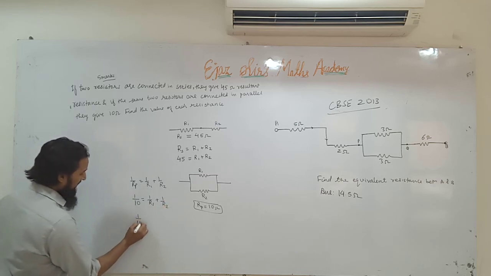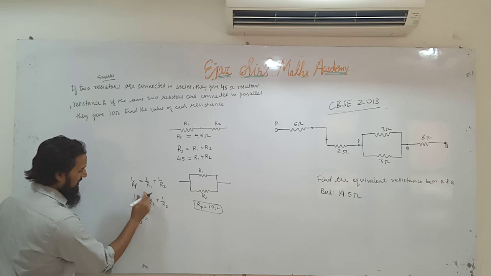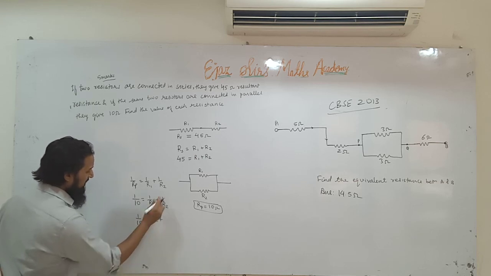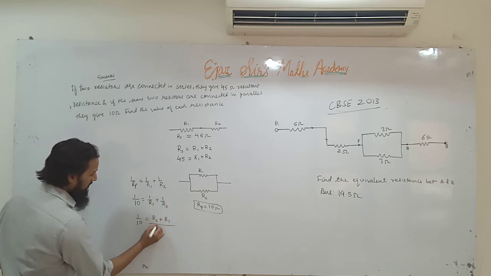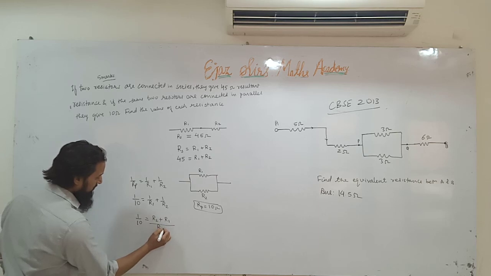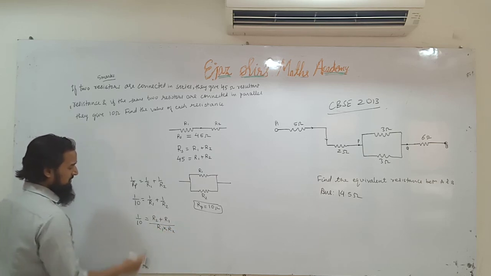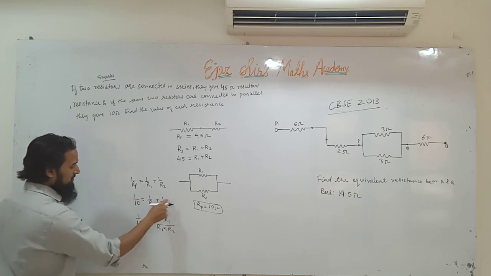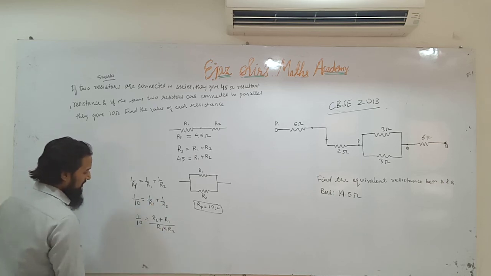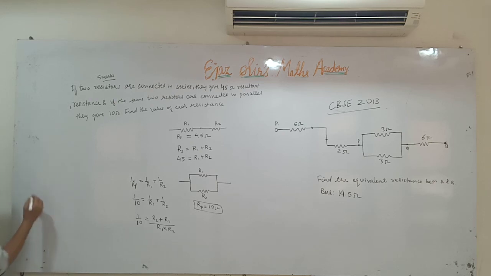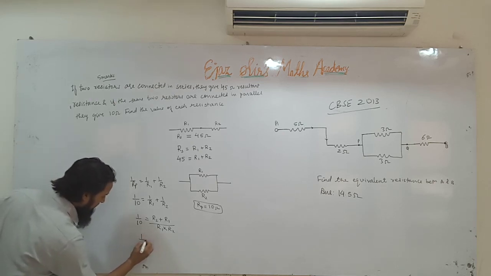Now it is 1 by 10 is equal to, cross multiplication, R2 plus R1 upon R1 into R2. Now let us write one step here.